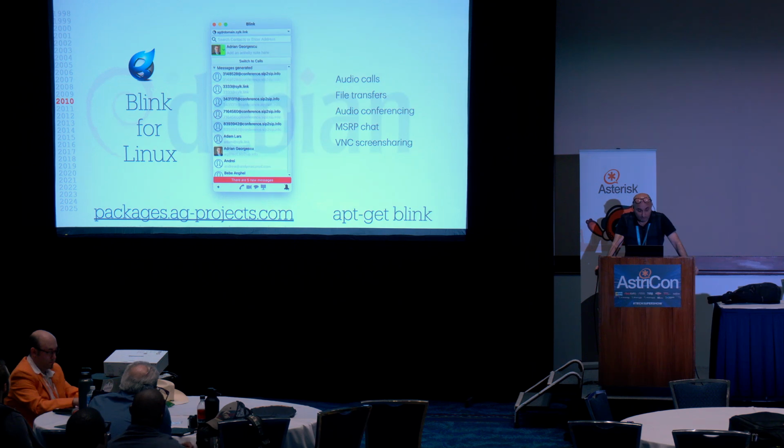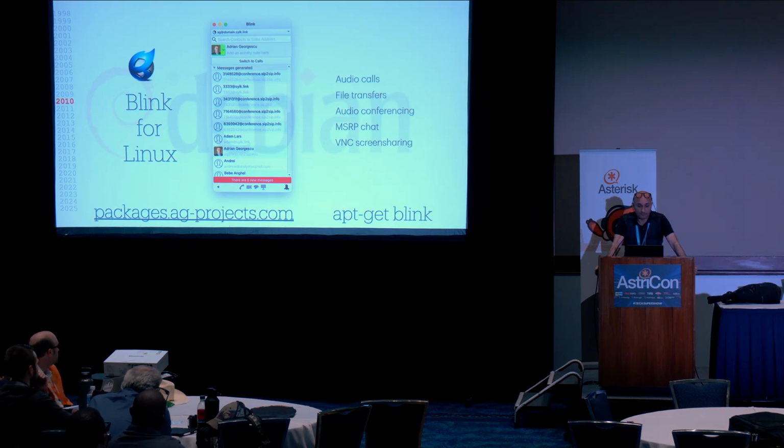Then we brought out Blink for Linux. This was written from scratch using Qt, another framework, which was available for Linux at the time. So basically, this is another SIP client altogether. It doesn't share the code base with Blink for Mac at all. Again, it had features beyond VoIP at day 1, but fewer than the Mac version.